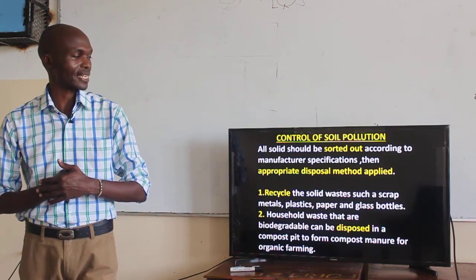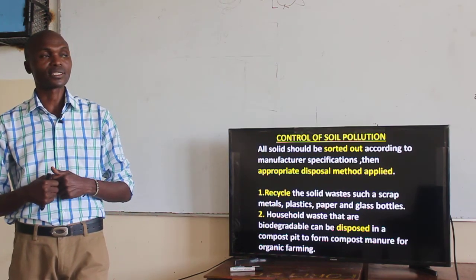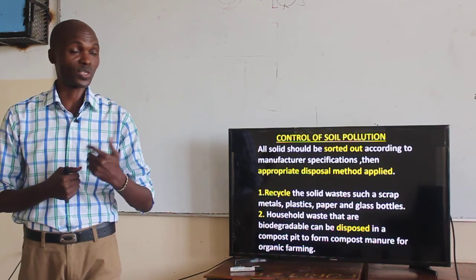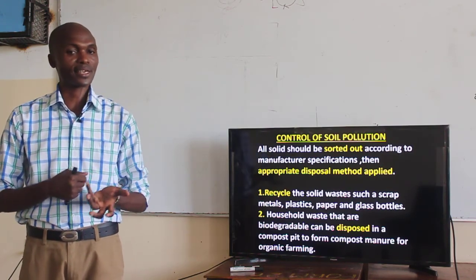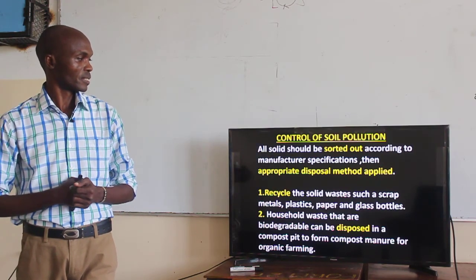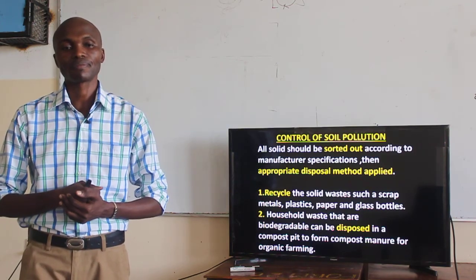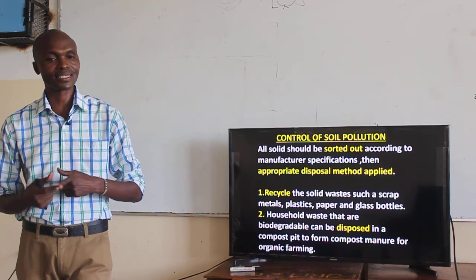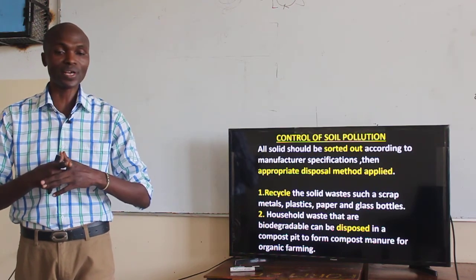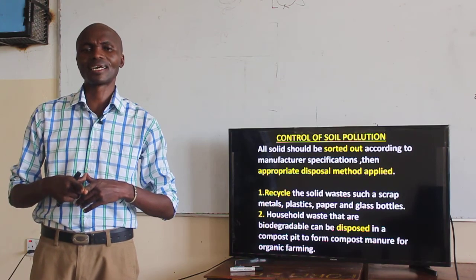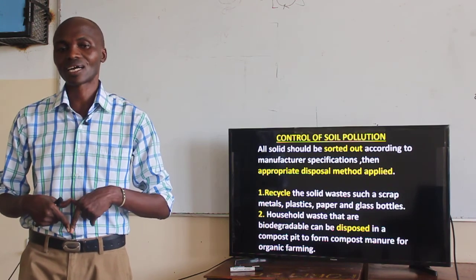One of the ways to minimize solid waste is recycling. We need to recycle solid waste such as scrap metals, plastics, papers, and glass bottles. Then we also need a system whereby biodegradable household waste can be disposed of.